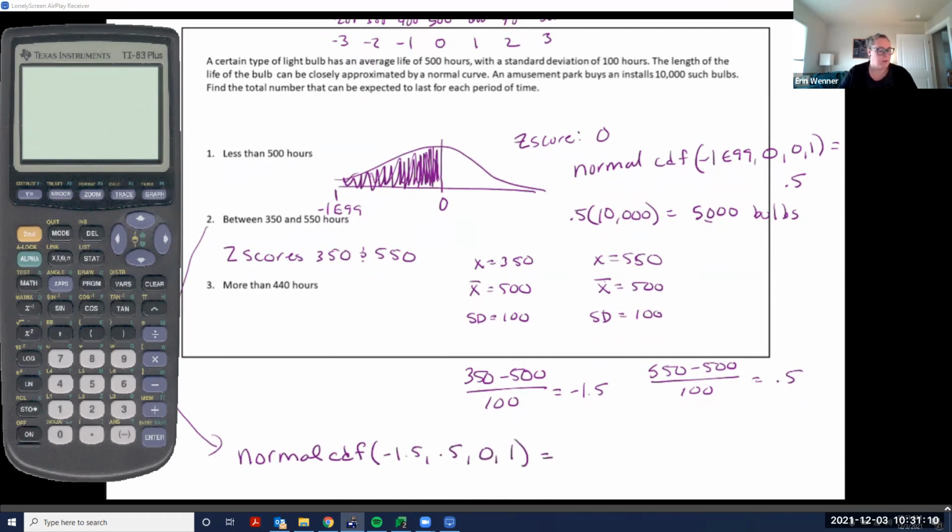And I want you to go ahead and find this value to, what do I want? 5 decimal places.